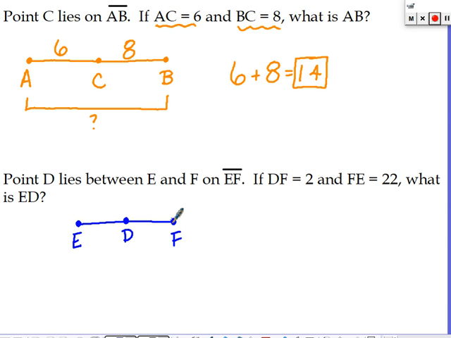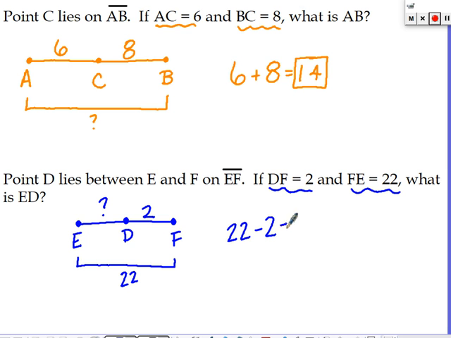So now DF is 2. So that's there. FE is 22. So that's the whole thing. And what's ED? So for this one, we would subtract. So my answer is 20.